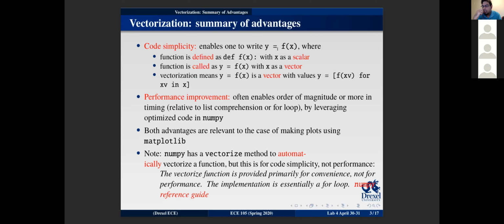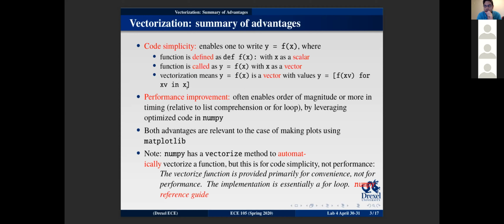You want to store the output in some array or vector y. What you basically do is write y equals, within square braces, f(xv). xv is just a name we took for iterating through the loop variables. So f(xv) for xv in x would give you a bunch of values for y.